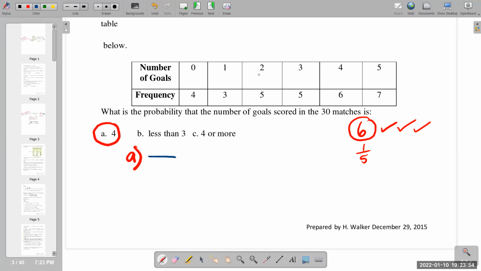So step one, we need to find the numerator and the denominator. What is the numerator? What's the denominator? The denominator is always the total. Everybody agree? And the numerator is whatever they're talking about, the event. So in this question, what is our total? 4 plus 3 plus 5 plus 5 plus 6 plus 7. 4 plus 3, 7 plus 10, 17, 23, 30.